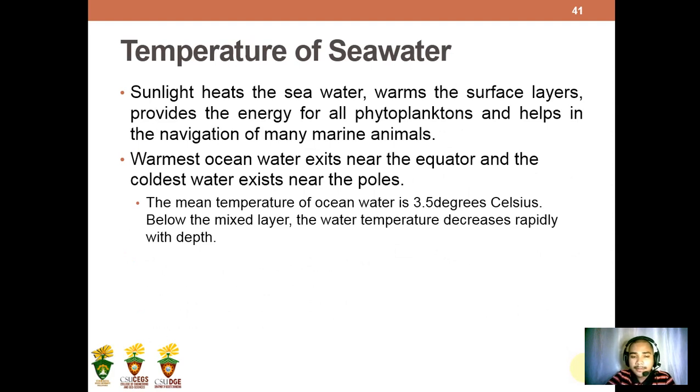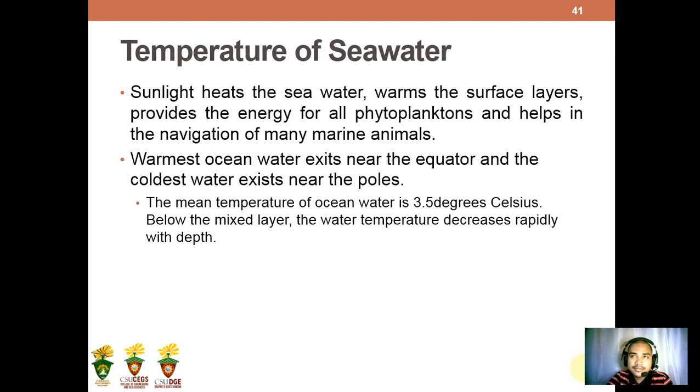Another property is the temperature of the seawater. The sunlight hits the seawater. We all know that. And this leads to the warming of the sea surface layers that provides the energy to all the phytoplanktons and helps in the navigation of many marine animals.